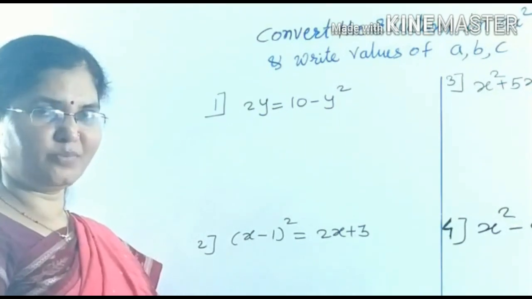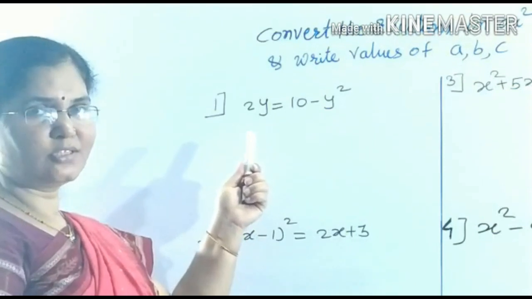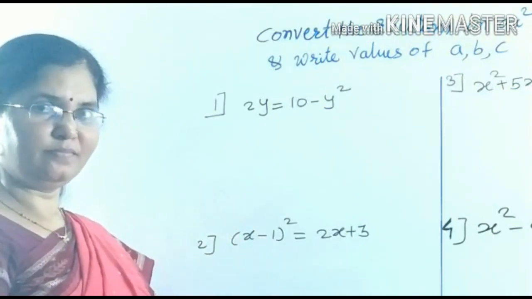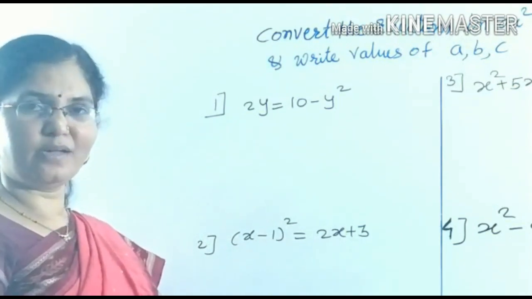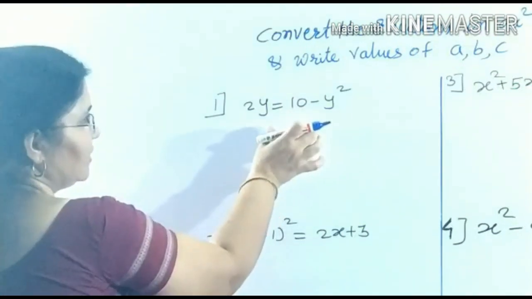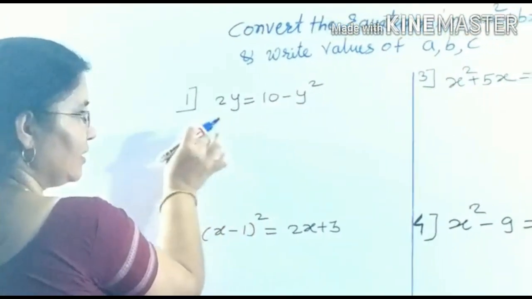Let's go to the next point. In this, we want to convert the equations in the format ax square plus bx plus c is equal to 0. And after that, we want to get the values of a, b and c. See, in this example, this minus y square we should take to the left.